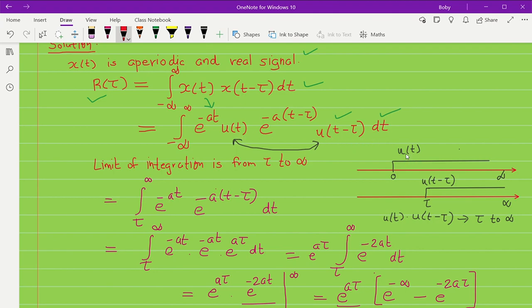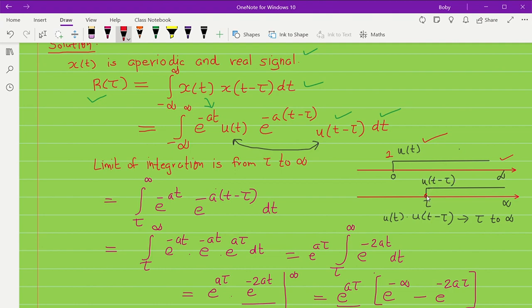u of t is the unit step signal, having amplitude equal to 1 from 0 to infinity. Now what about u of t minus tau? That is a delayed signal, delayed by tau, so now it starts from tau instead of 0.